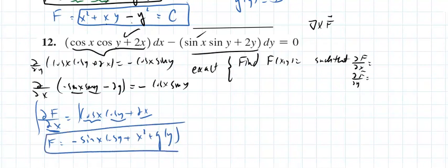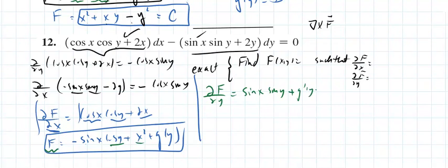Now just find the function of y and you're done, and that's where the second piece comes in. If I take the partial of this answer of mine with respect to y, which is negative times a negative is a positive, sine of x, sine of y, that's a 0, plus g prime of y, I should get that component.